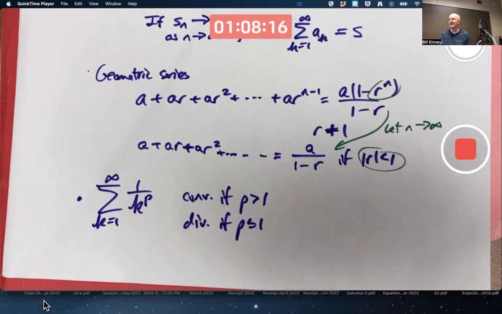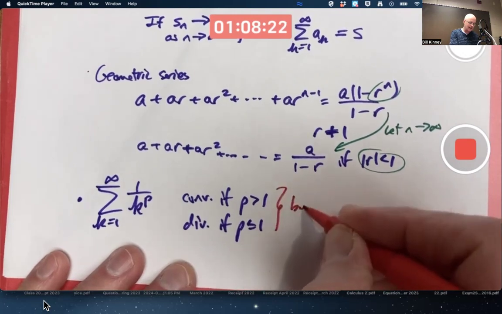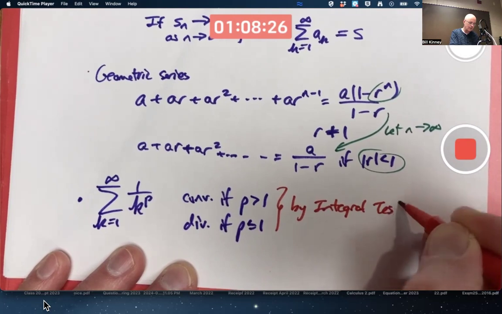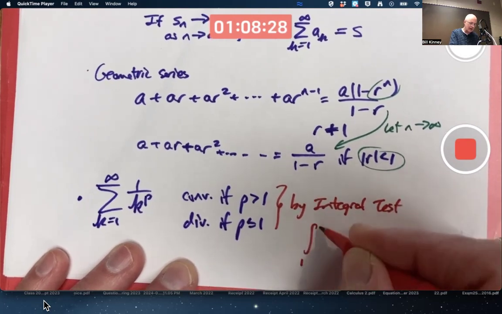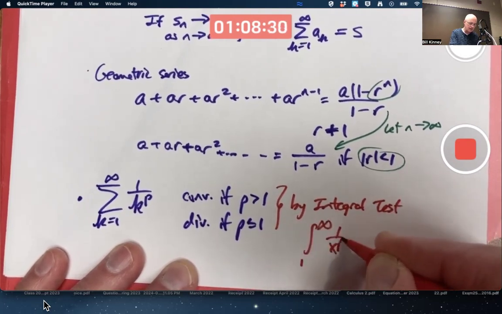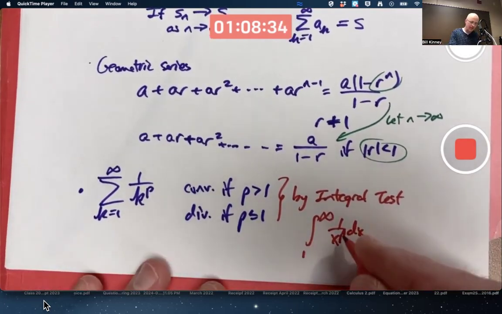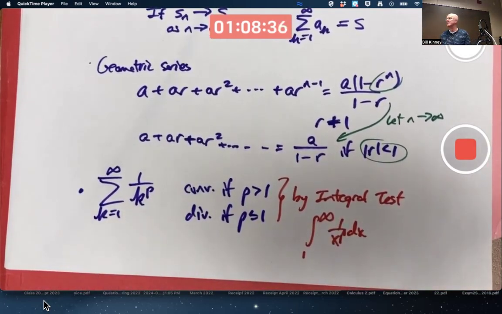How did we prove that? We used the integral test. By the integral test, we use knowledge about this improper integral to help us decide. This improper integral also converges when p is bigger than 1 and diverges when p is less than or equal to 1.